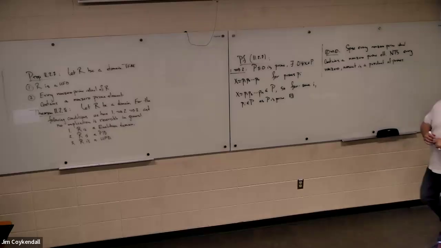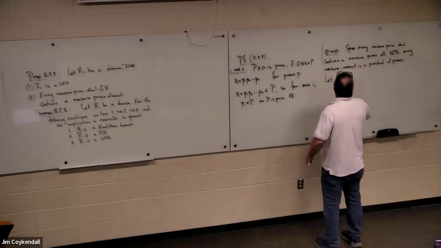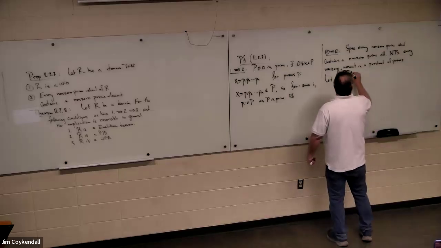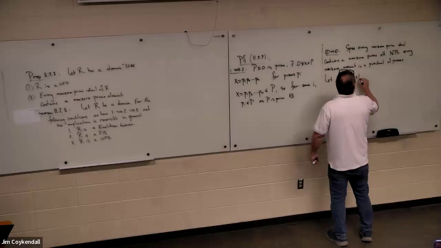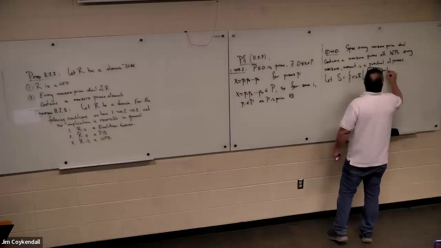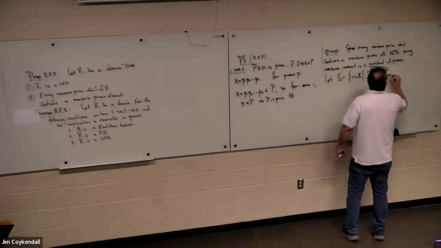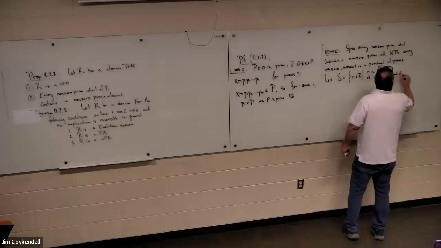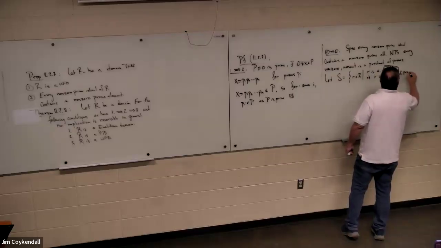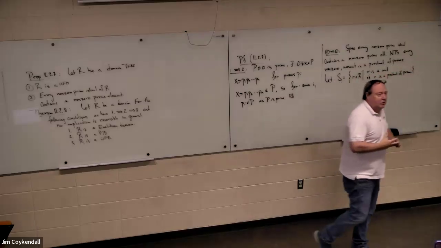So to this end, I'm going to build the following set. S is the set of r in R such that r is a unit, or r is a product of primes, or both.